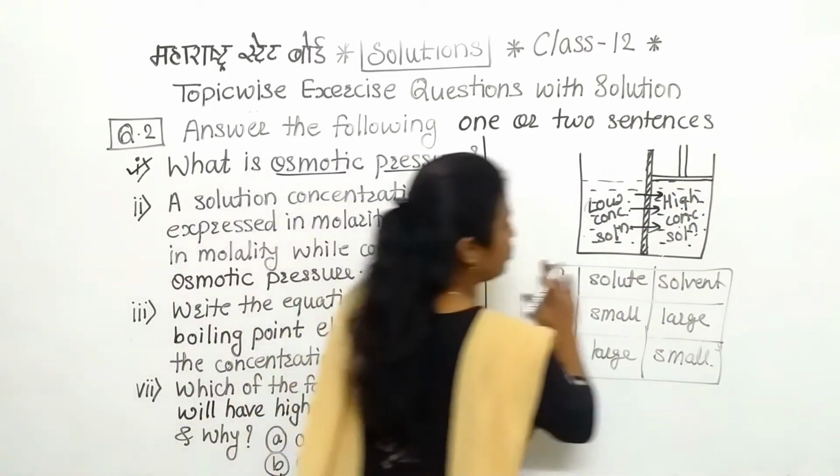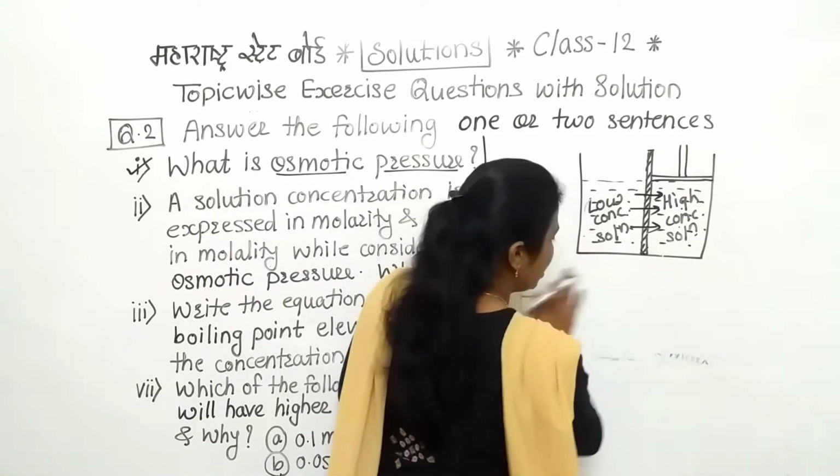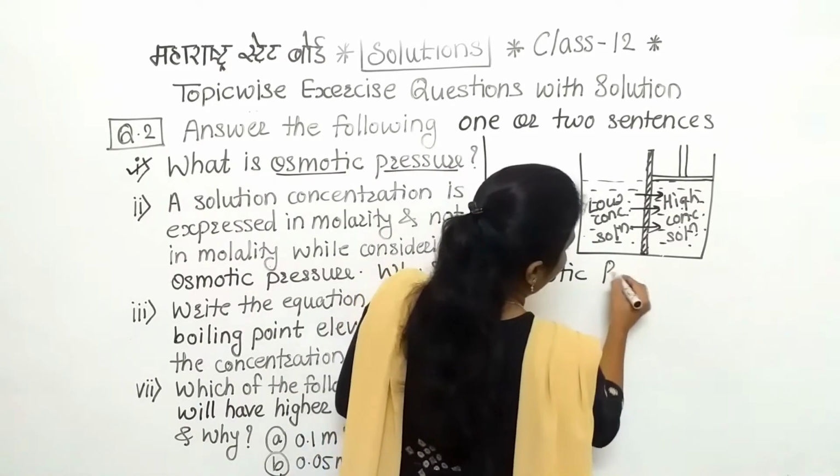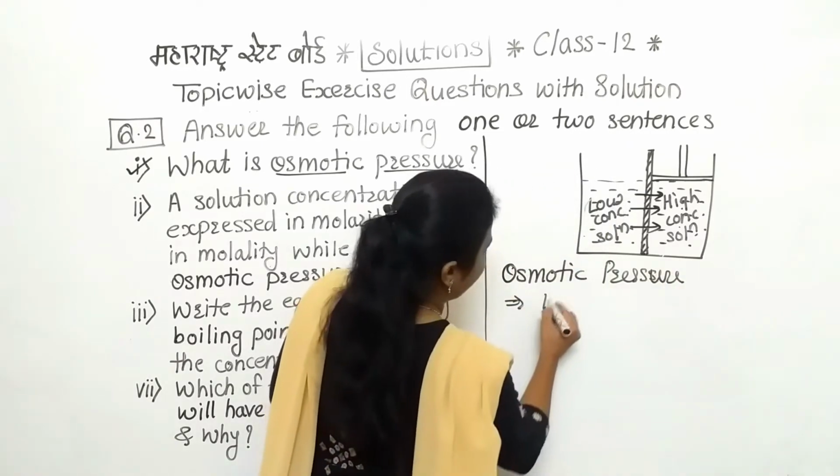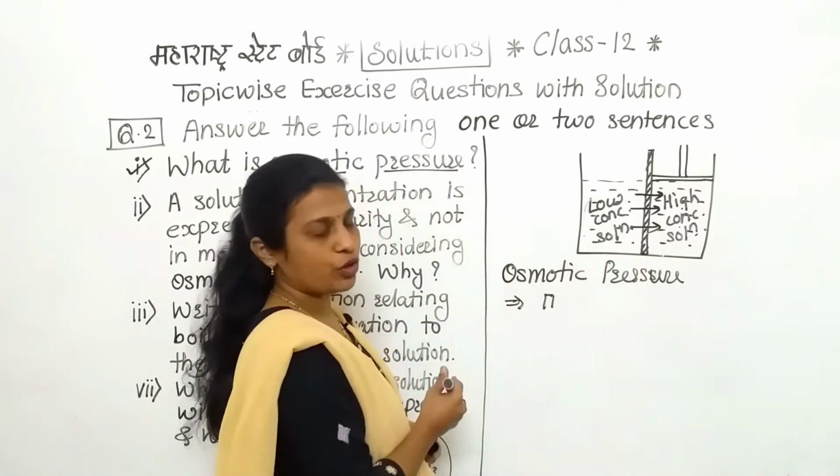So what is the definition of osmotic pressure? We can write: osmotic pressure, which is denoted by the symbol pi. This is the symbol for the osmotic pressure.